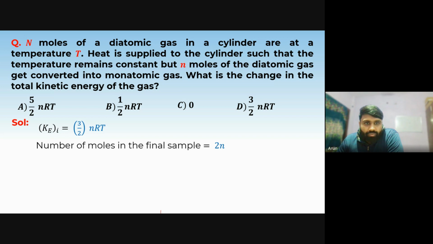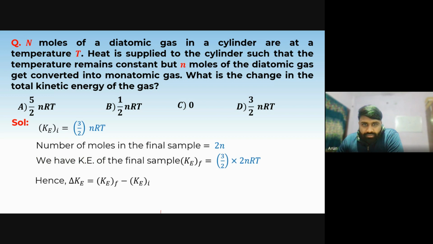The number of moles in the final sample will be 2n, because n moles have been converted into monatomic gas. So the final kinetic energy will be 3/2 times 2n into RT. The change in kinetic energy is final minus initial. So if you subtract it, it will become 3/2 nRT. Got it?